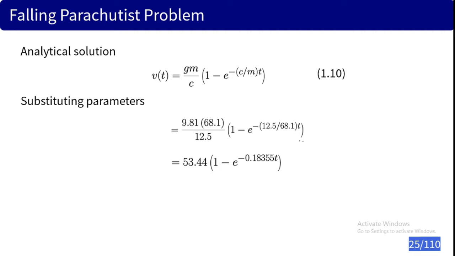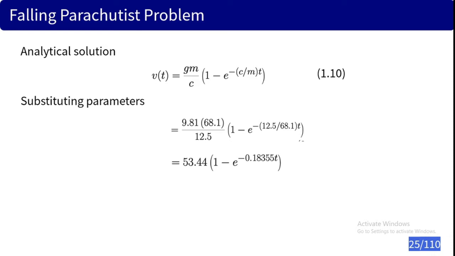So first natong approach is we'll try to solve this problem using analytical solution. So by using analytical solution is using the equation 1.10, ang hato na to is ito i-substitute ng mga parameters sa equation 1.10. So we'll substitute the values of 9.81 meter per second squared and 68.1 kilograms to the variables g and m, and for c is the 12.5 kilogram per second for the drag coefficient.